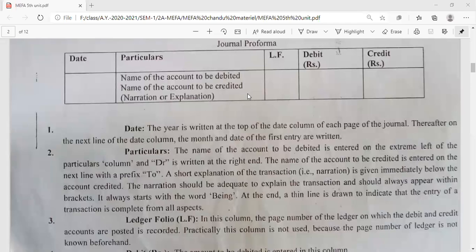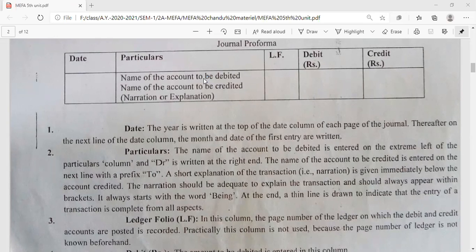When you write, generally what we'll do is, this is the journal. Journal means that's a day book. You will be writing all the entries in it. After that, from this journal you have to update it into the ledger book. So when you are updating, you said the name of the account to be debited here.